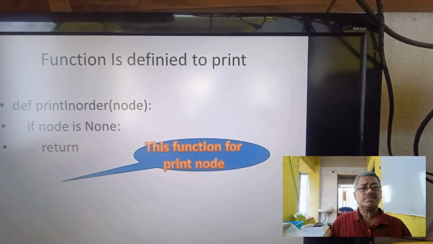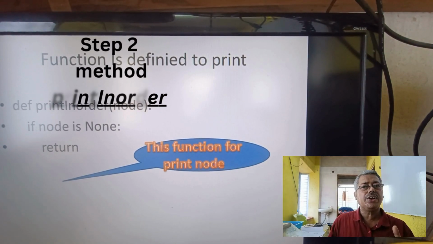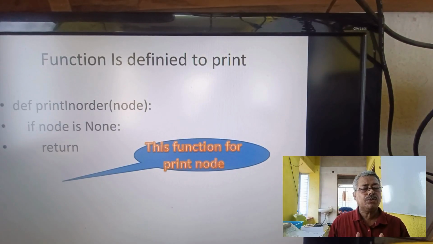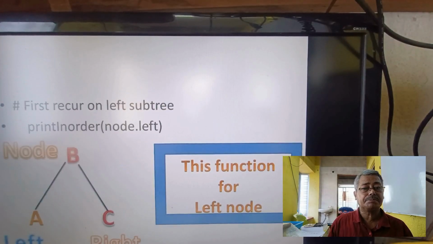And at the second point, another method is defined. This method is print in order, with node as the argument, and by this method we want to print out the nodes. If the node carries no value, then it returns null.